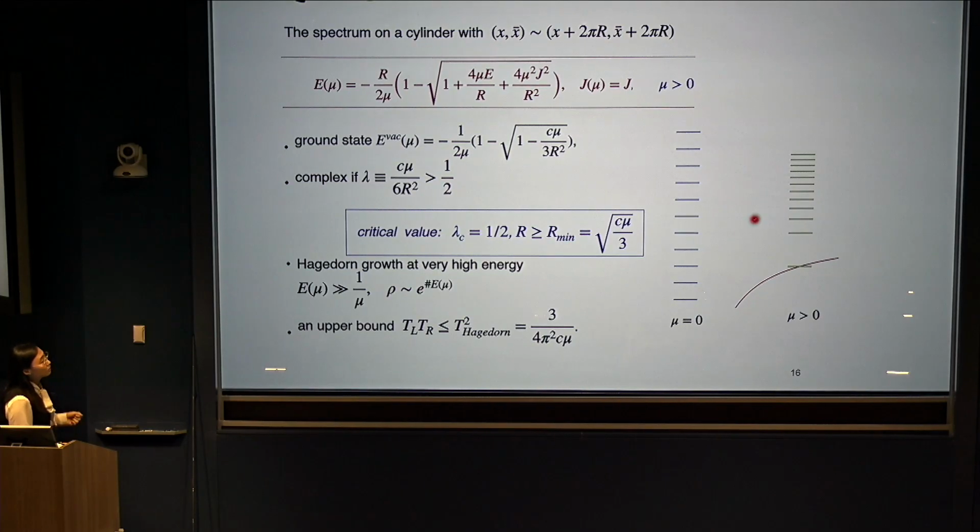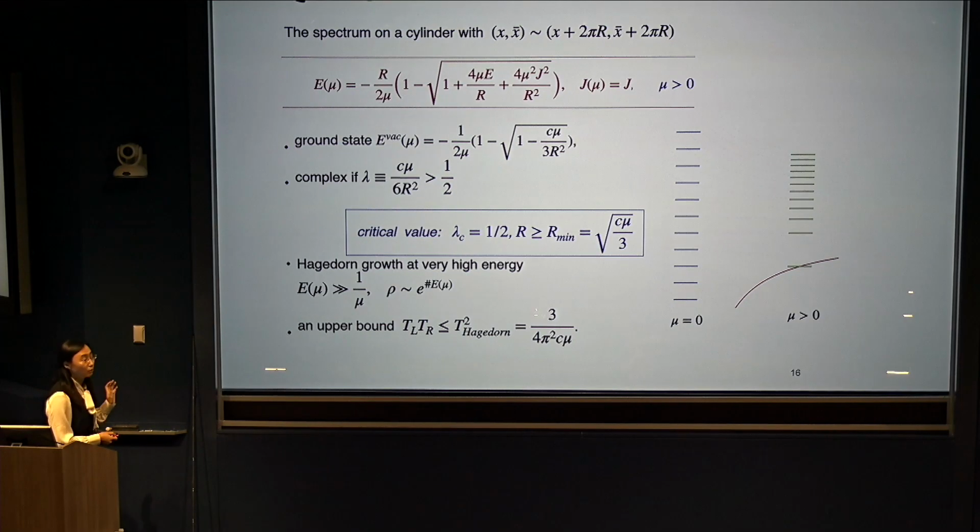There's some worrisome property at low energy, actually just the ground state, because we know the ground state of a CFT is negative. If mu is positive but large, then this ground state may become complex. So there is a critical value of this deformation parameter. In some units, it cannot be larger than a half.